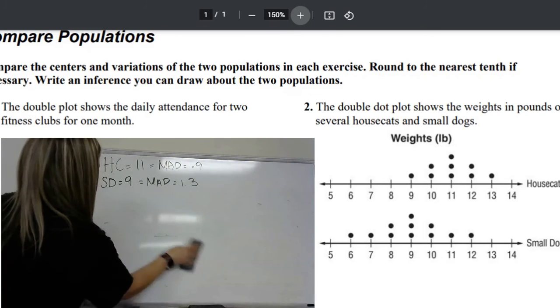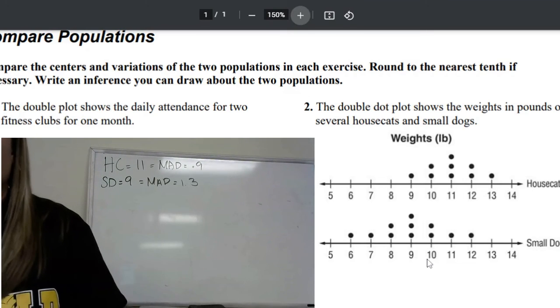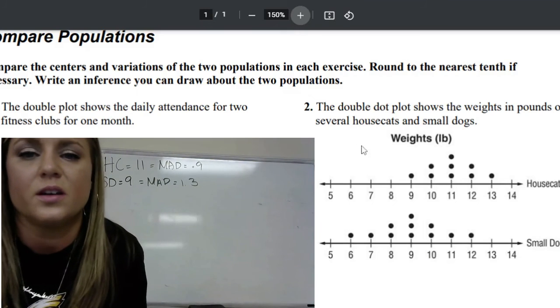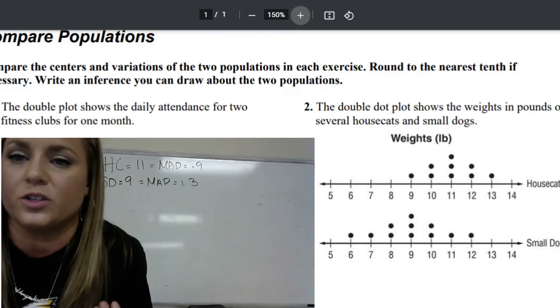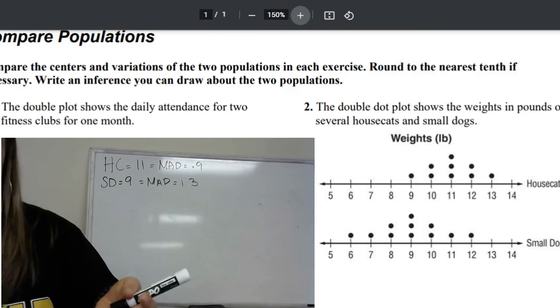All right, so now let's go back and read our question. What was it asking us to find? Okay, so it says, compare the centers of variations for the two populations in each exercise. Round to the nearest tenth if necessary, and then write an inference that we can draw about the two populations.